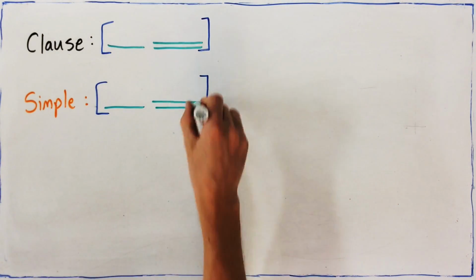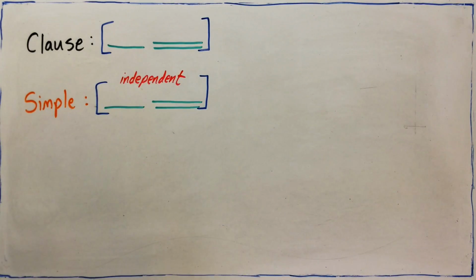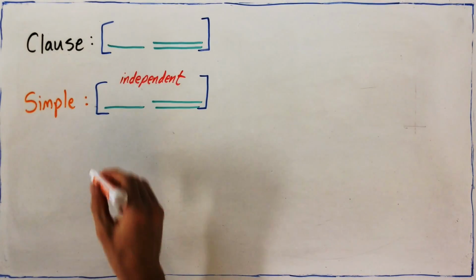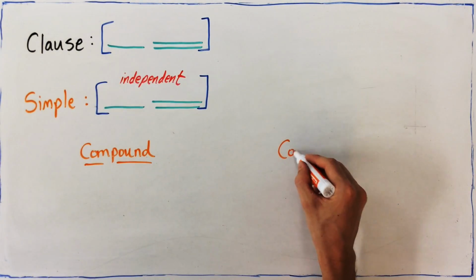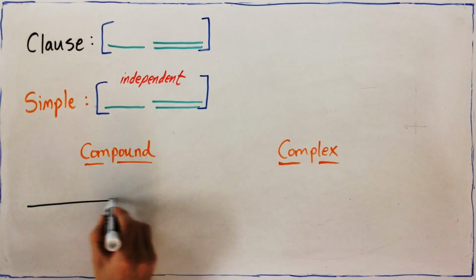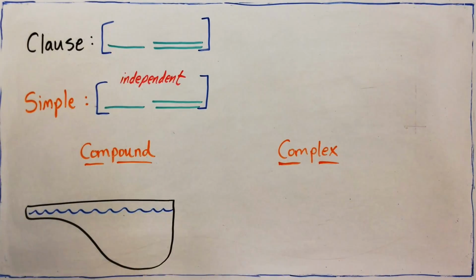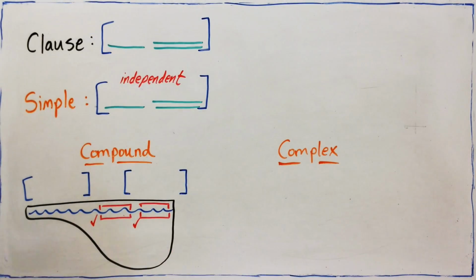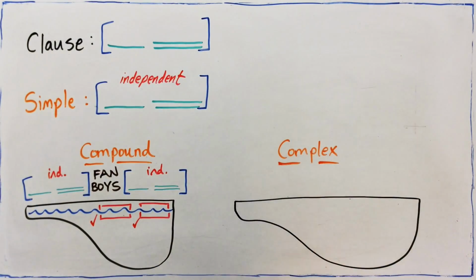So, one more time, a clause is a complete subject and a complete predicate, and a simple sentence is just one independent clause by itself. Compound and complex are the categories we use to talk about sentences with more than one clause, and a compound sentence has two independent clauses that can swim on their own, be sentences on their own, joined by a fanboys, by a coordinating conjunction.